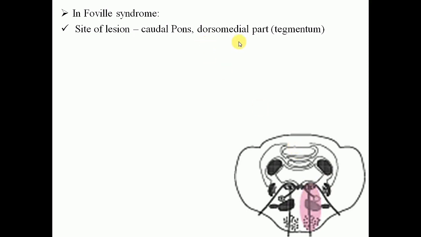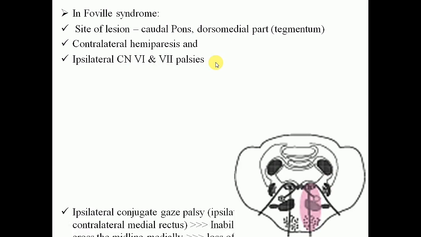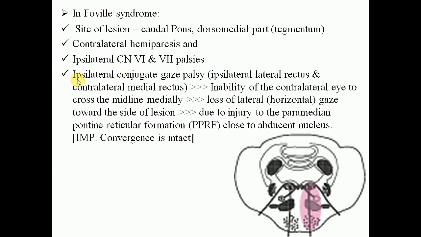So there is a dorsomedial involvement, and in addition to the contralateral hemiparesis and ipsilateral cranial nerve 6, that is abducent, and 7, that is facial palsies of Millard-Gubler syndrome, additionally there is ipsilateral conjugate gaze palsy, that is ipsilateral lateral rectus and contralateral medial rectus involvement, leading to inability of the contralateral eye to cross the midline medially.